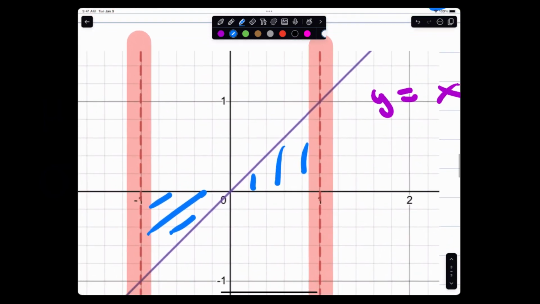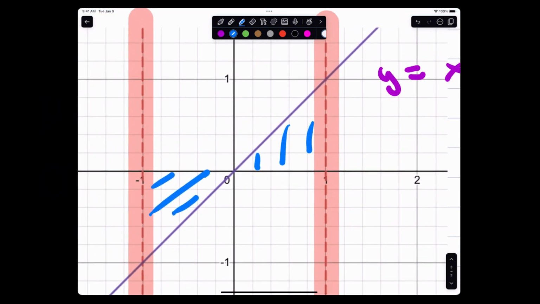Let's go back to this important piece. You see, remember we have that approximating rectangle. You guys remember that one? The area under that portion is what? It's going to be positive.